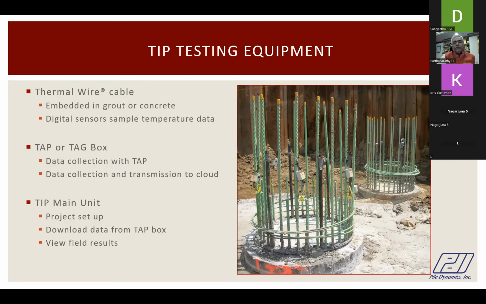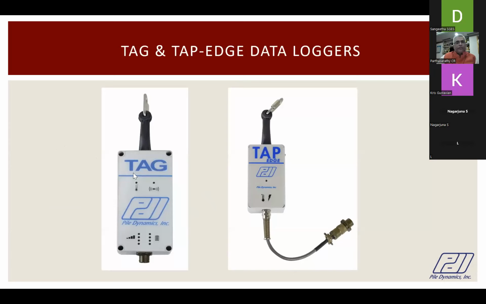And later on, once you pass your peak temperature, or maybe the following day, you can plug in your thermal integrity profile main unit and download the data, or you can send the data to the cloud. So the TAG is a thermal aggregator. It also acts as a TAP on one of the wires, and this TAG will aggregate the data from the remaining TAPs in the pile or around the pile, and then send the data to the cloud.